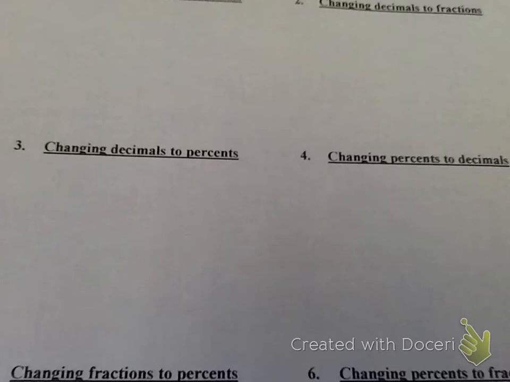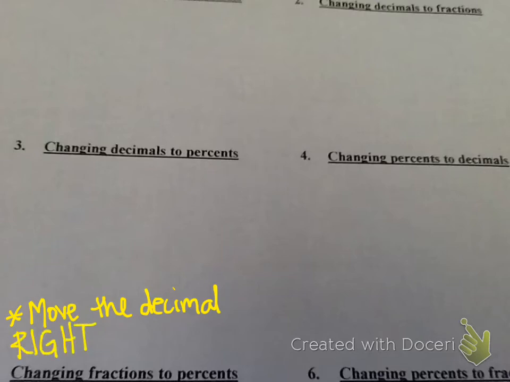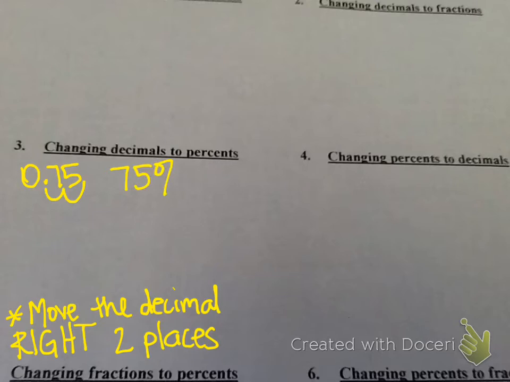I'm going to move the decimal right 2 places. So if, for example, I continue to use 0.75, if I move my decimal right 2 places, I would have 75%.